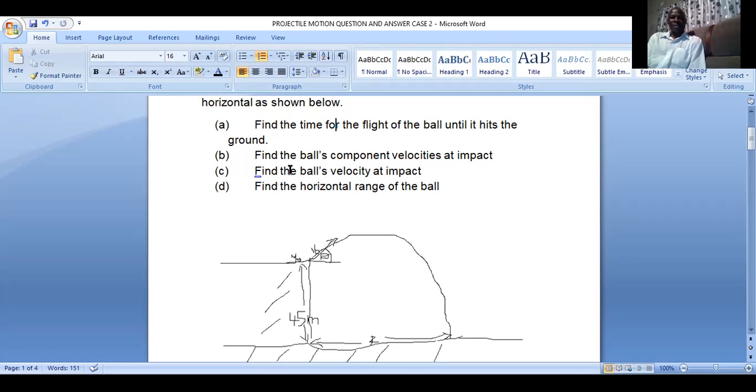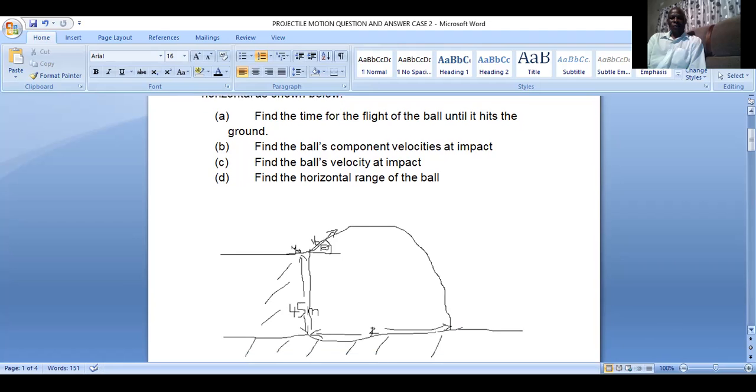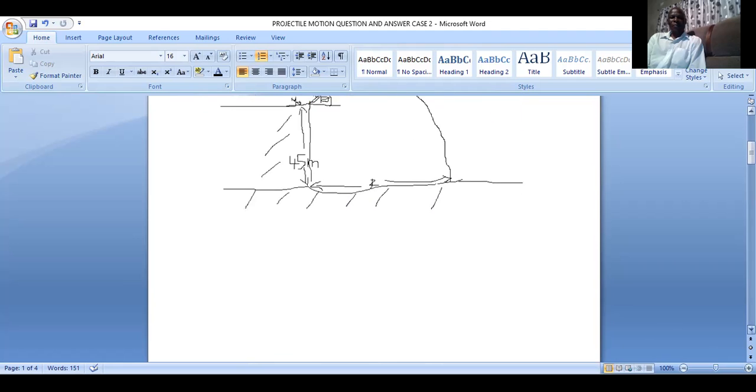Then part C will calculate the resultant velocity at impact. And finally, we will also calculate the horizontal range, that is the distance from the point of launch up to where the ball actually hits the ground. This is the range. And so we will look at part A now.